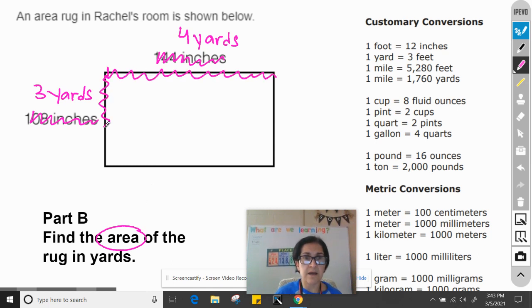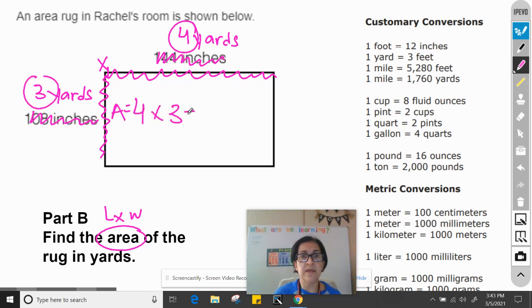Length times width. Area is length times width. So it's 4 times 3. So area equals 4 times 3, which equals 12 square, because we are talking about area. So I have to have the word square yards, because he wanted to know the area in yards.